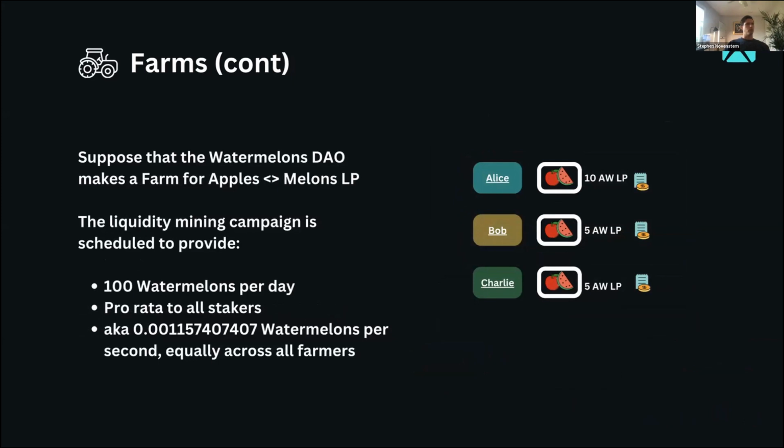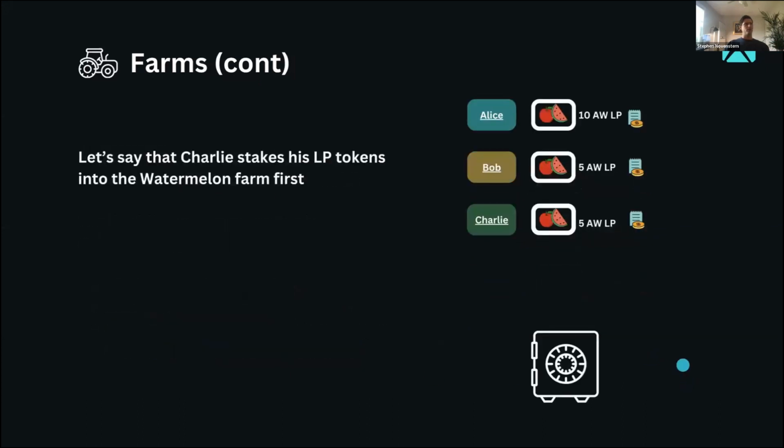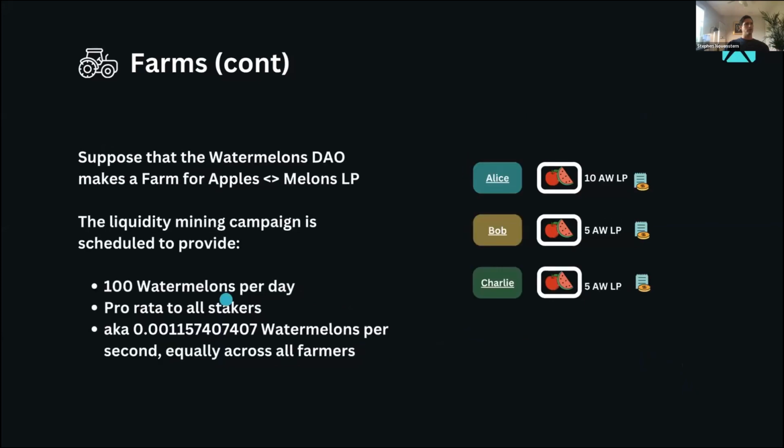Suppose that Watermelons DAO naturally makes a farm for the Apples-Watermelons LP, and the liquidity mining campaign is scheduled to give away 100 watermelons per day to grow the liquidity in this pair. Technically, there'd be a per-second amount of watermelons being distributed equally to everyone who's in the farm. So we're just going to run through a quick little example here.